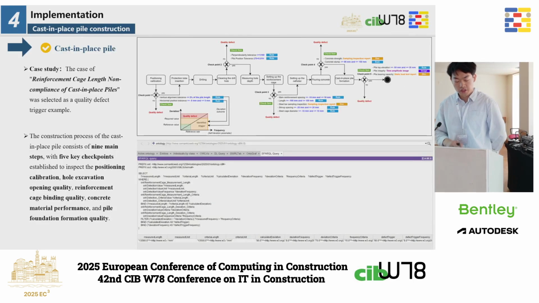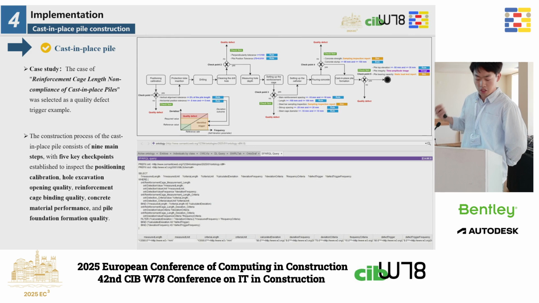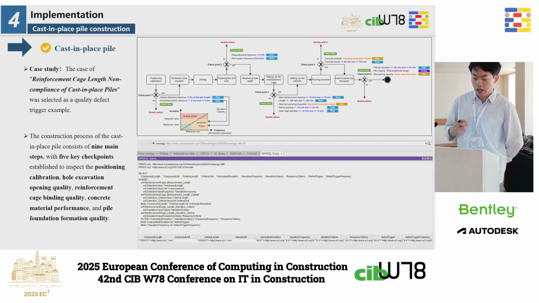Then the study selected the case of reinforcement cage length non-conformance in cast-in-place piles construction for implementation. The construction process of the cast-in-place piles consists of 9 main steps, with 5 key checkpoints.